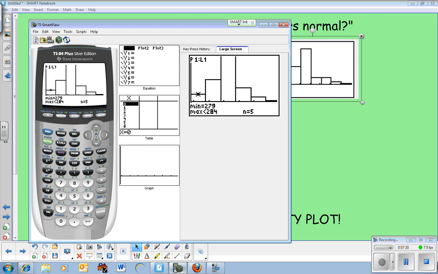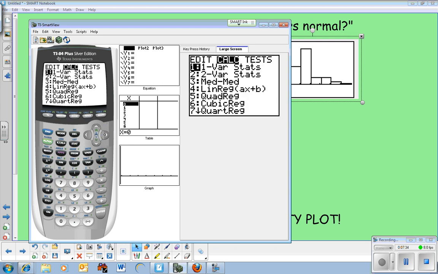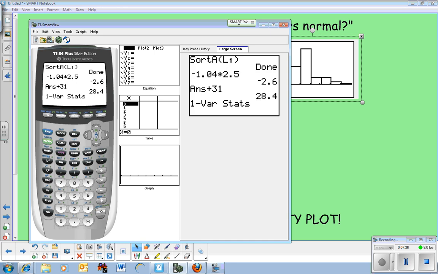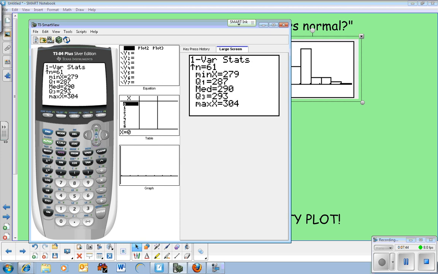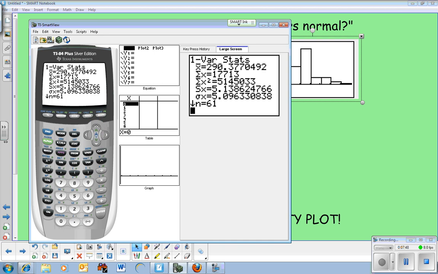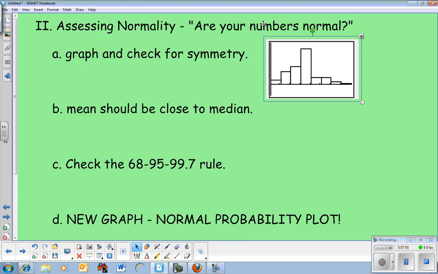So remember, to get info about your list, go to Stat, go to Calc, One-Variable Stats, and hit Enter. And here are those. The average is 290.377. The median is 290. So that's very close. 290 and 290.4, we'll call it.